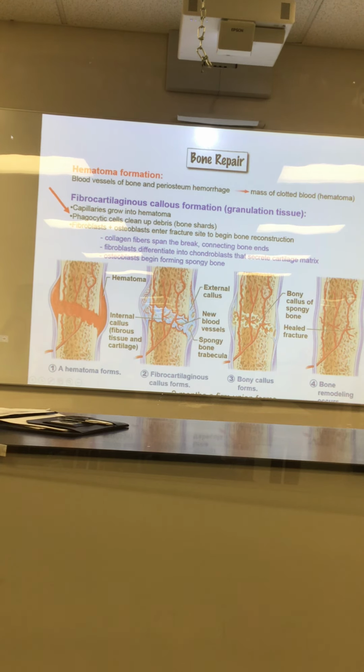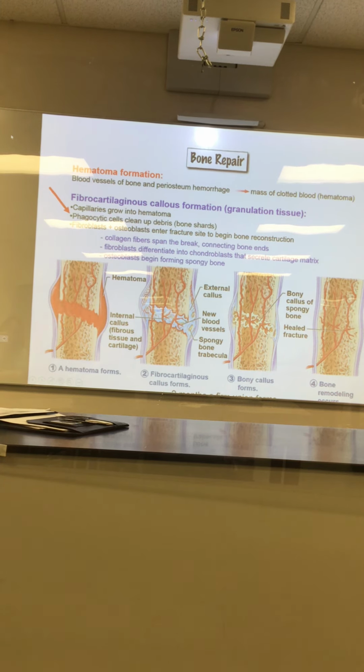What's happened here is you've laid down fibers on the outside of the bone to make it very fibrous and tough, so it's not going to snap into two pieces. And then you bring in cartilage, because what do we tend to grow bone from? Cartilage. See how that works? So it's fibrocartilage. Fibers around the outside, cartilage in the middle, call it fibrocartilage. It's fibrocartilaginous callus.